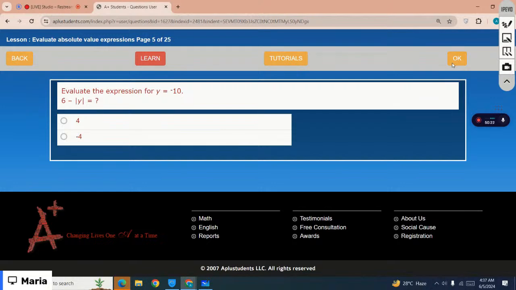Evaluate the expression for y equals -10. So which is the correct option? Yes, -4 it is. The correct option is -4.